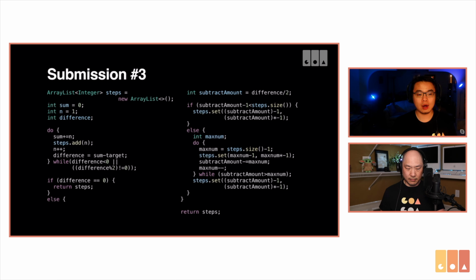In that first do while block, we already add to the sum until the difference is no longer odd. So she moves that logic into the first part, and then in the second part she does some interesting calculations. Irene broke her logic out to determine which steps to flip into a helper function, while JE keeps it all in one if-else clause.